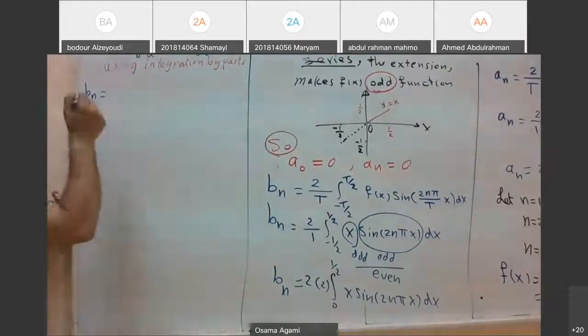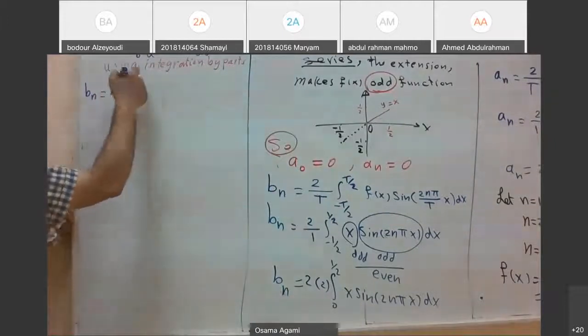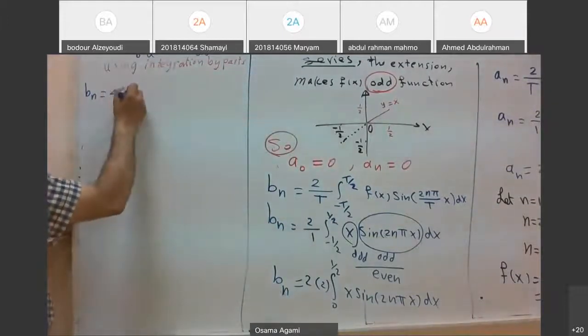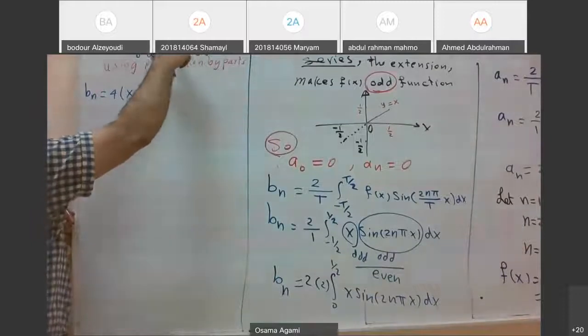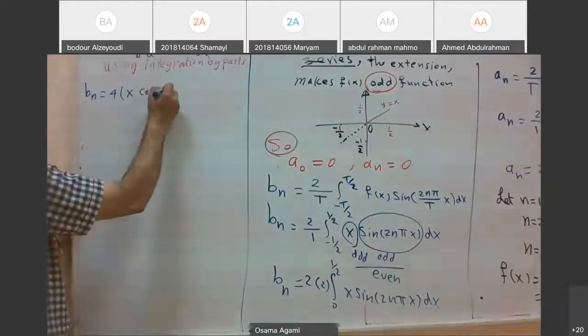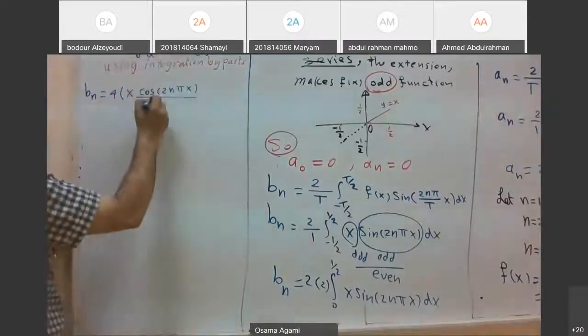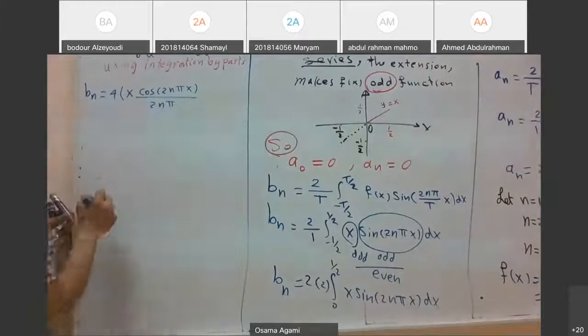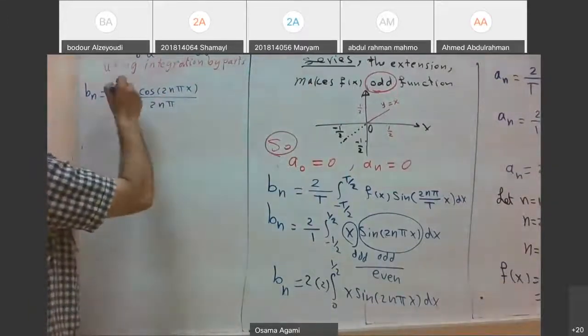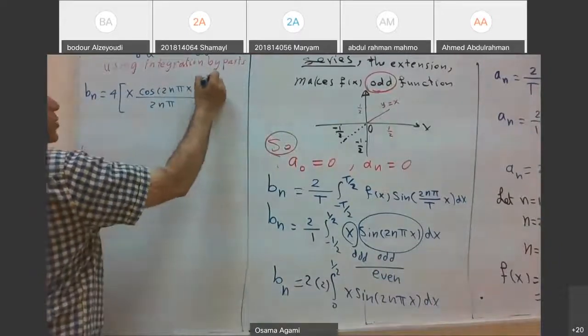Integration by parts says u times v, where u is x and v is the integration of sine, which is cosine 2n pi x over the derivative of the angle, 2n pi. Don't forget to substitute from 0 to half.